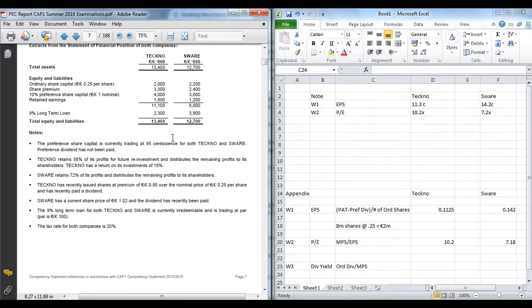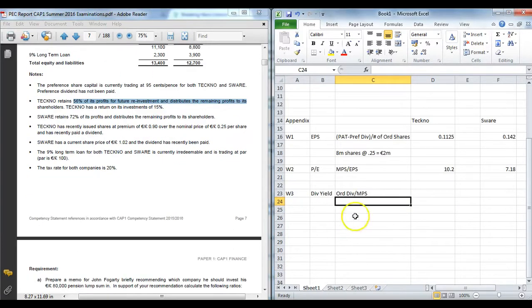And again, this is a good example of the recent examiner focus on applied style questions. They do not spoon feed you in terms of what the dividends are, they make you work it out. So in this case, you're told Techno retains 56% of its profits for future reinvestment and it distributes the remaining profits to its shareholders.